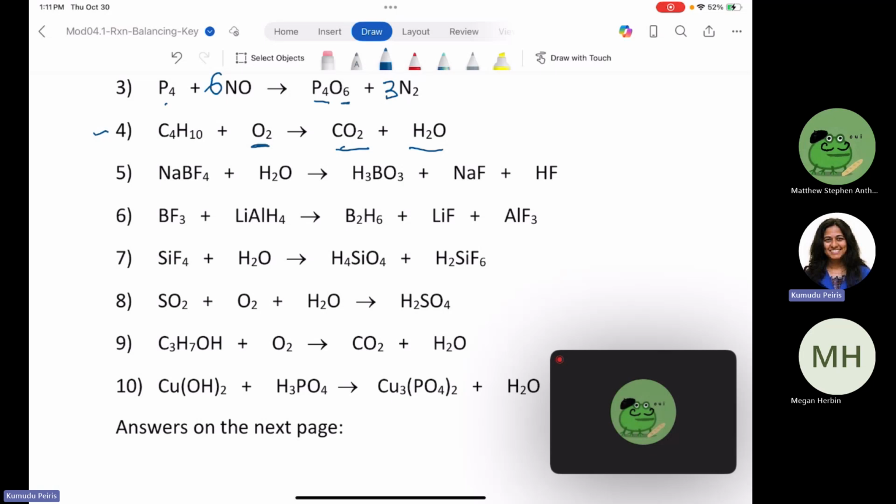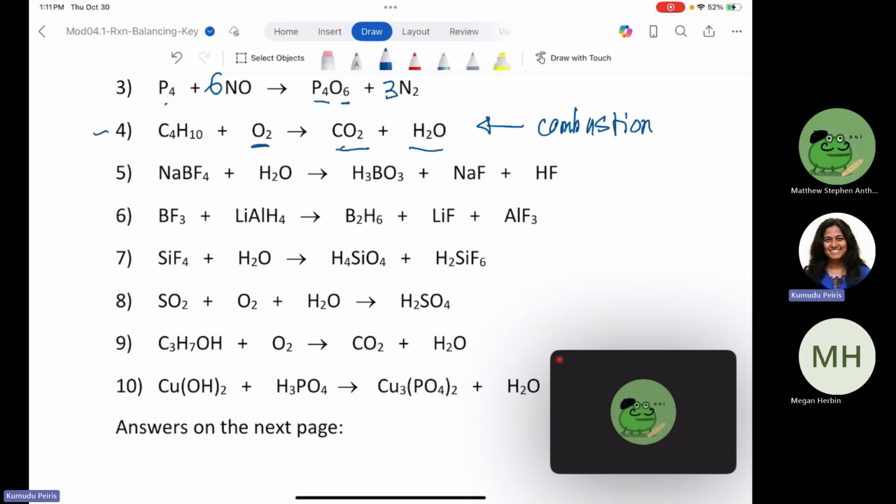This type of reaction is called a combustion reaction. In balancing this type of equation, we first balance the carbons.